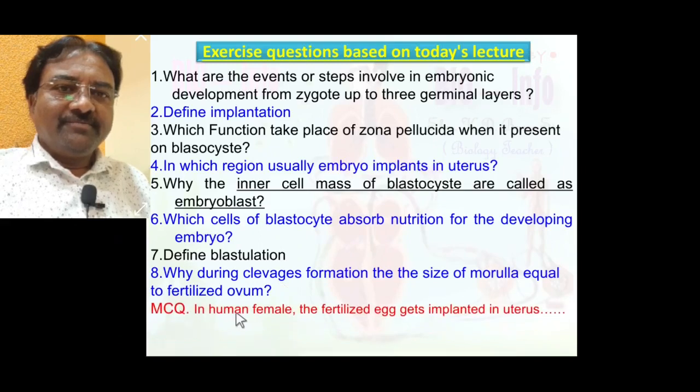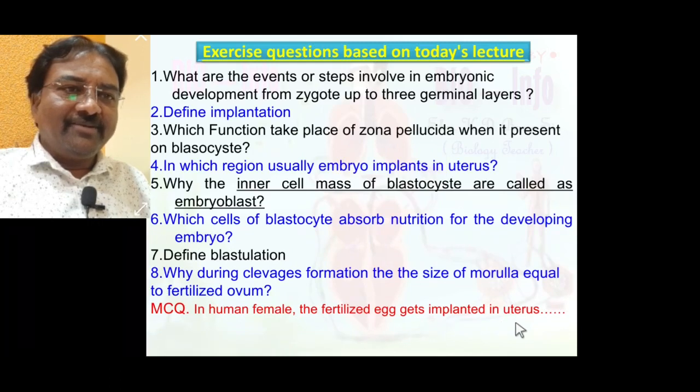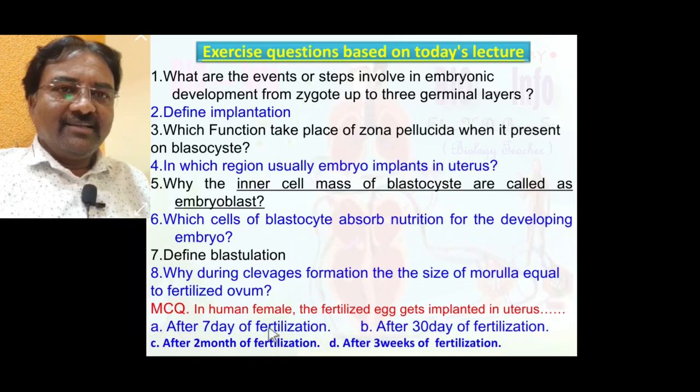Now one MCQ question is noted here: in a human female, the fertilized egg gets implanted in the uterus after 7 days of fertilization, after 30 days of fertilization, after 2 months of fertilization, or after 3 weeks of fertilization.